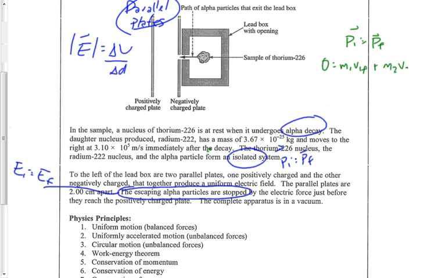Boy, it's been a long time since you've done that, eh? Does it kind of ring a bell, though? Back when we did our momentum unit, we never did any nuclear decay, because you didn't know what a nucleus or an alpha particle was.